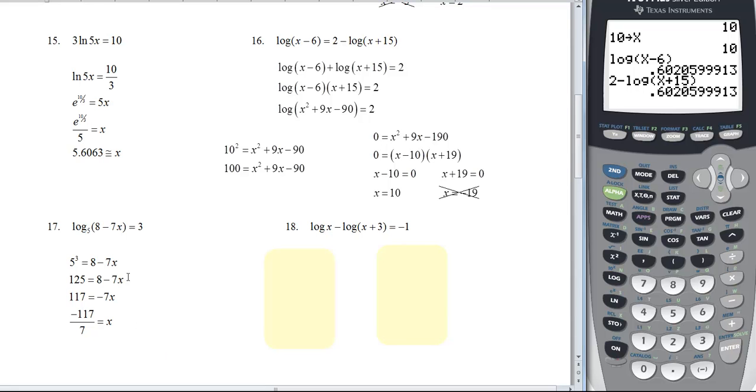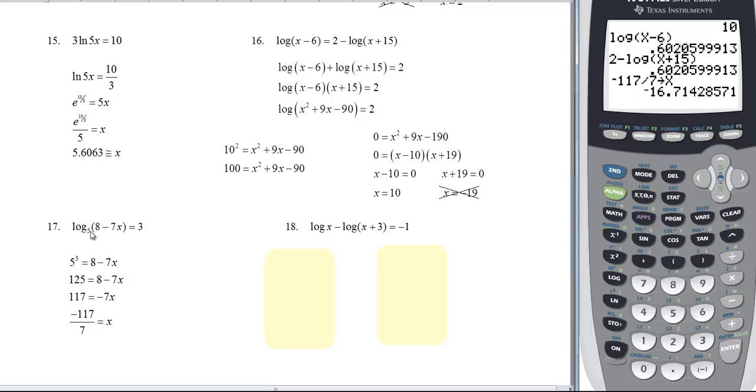This one, let's see. Now, if you'll notice, I do have a negative here, so don't automatically x out any negatives. Look what happens when you put this back in here. You multiply by a negative, so you end up with a positive. So let's store this. -117 divided by 7, storing for x.